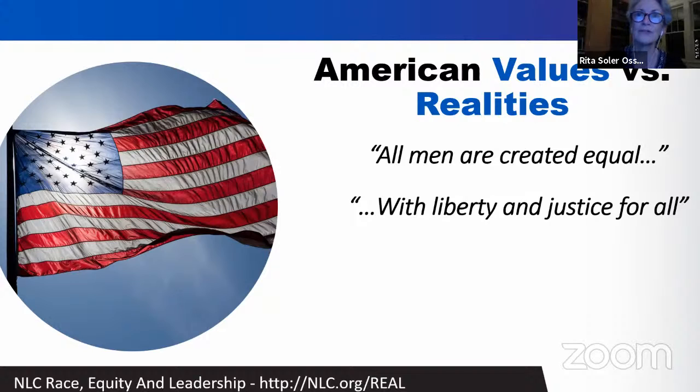So in 1942, when the pledge was saying, with liberty and justice for all, was that in fact the reality? The Civil Rights Act ended segregation, but wasn't signed until 1964. And the Voting Rights Act that gave everyone equal access to voting, at least a step closer, wasn't signed until 1965. But in 1942, we were claiming liberty and justice for all.